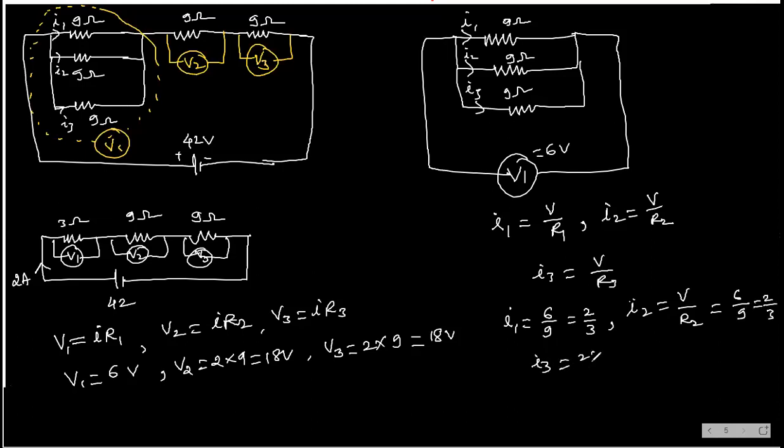Similarly, I3 is also 2 by 3. So therefore, I1 is equal to I2 is equal to I3, which is equal to 2 by 3 ampere. Yes, no?